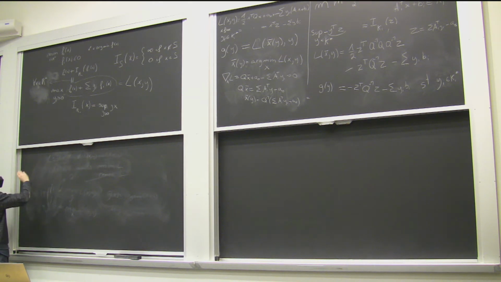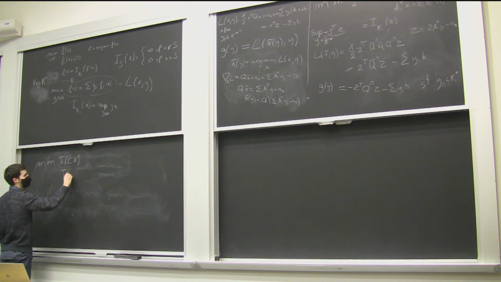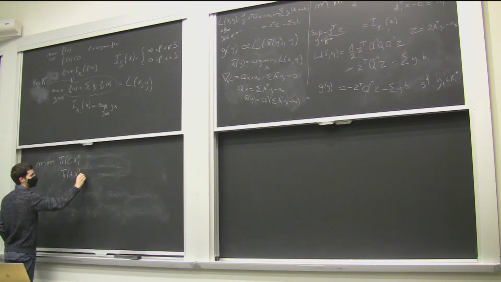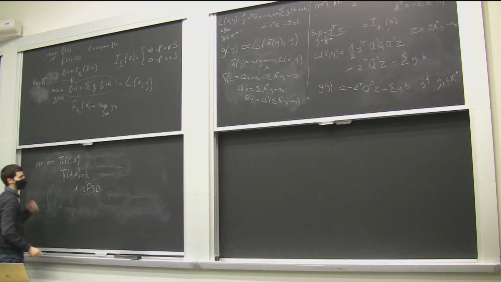Okay, so semi-definite programs. They're defined like this. Okay, so here, C and the matrices AI, these are symmetric matrices.